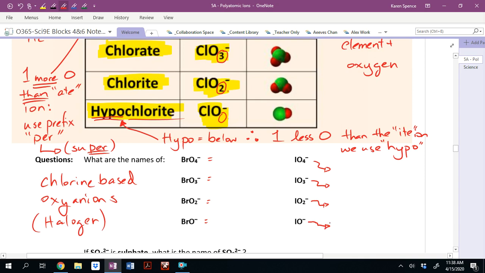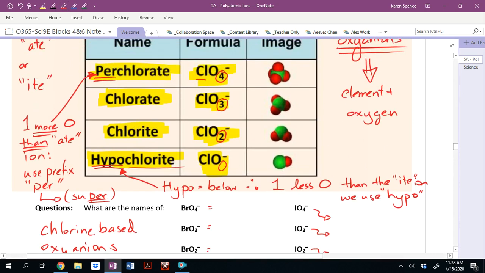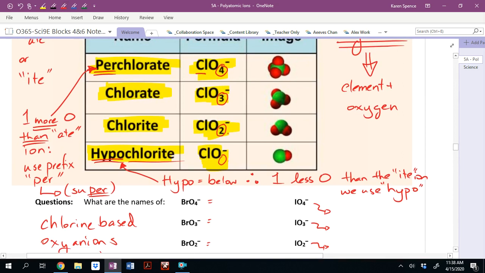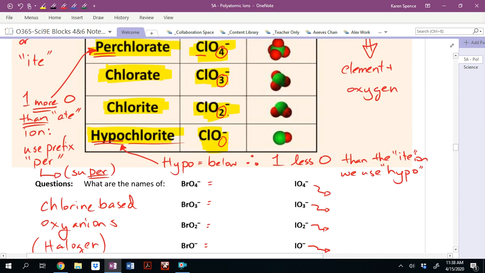Hopefully you saw the pattern and you had paused the video to give yourself time. When we have the perchlorate, that is analogous to BrO4 minus, so that would be perbromate.